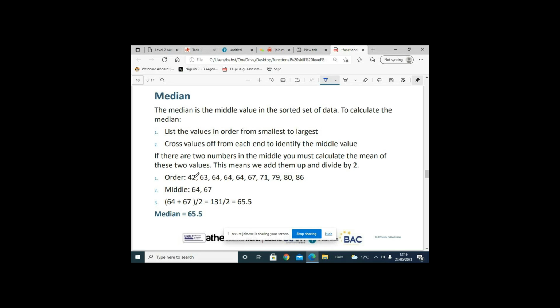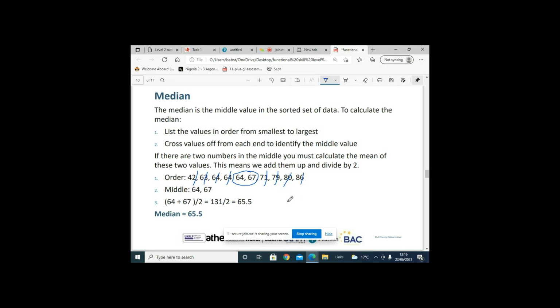When you have 2 numbers in the middle, you add the 2 numbers together and divide by 2. The best way is to cross the first set out, then the next set, and so on, until you find the two numbers in the middle. That's 67 and 64. I added them together, divided by 2, and got 65.5.